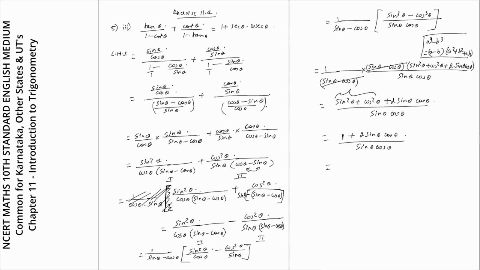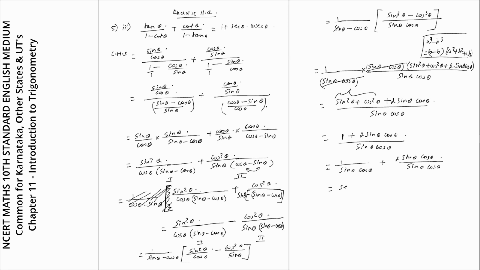Now I'll split this one, 1 by sin theta cos theta plus 2 sin theta cos theta by sin theta cos theta. So 1 by sin theta is cosecant theta, and 1 by cos theta is secant theta.